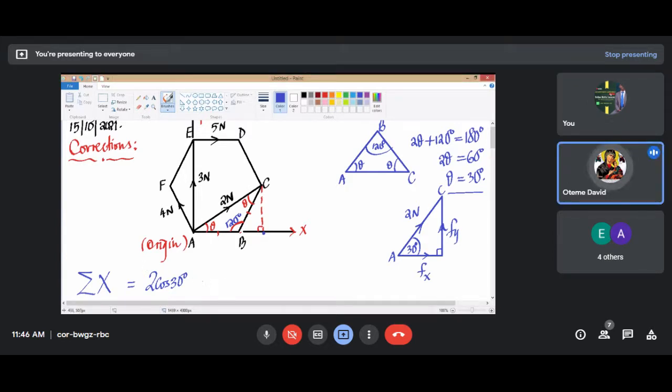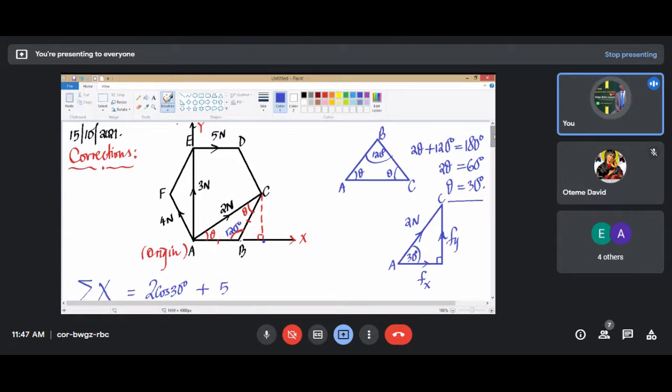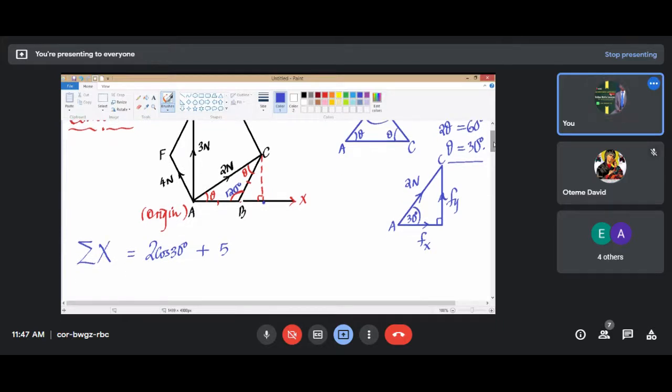It is positive. Positive 5. Next force, the 3 newtons force acting along AE, which is in line with our vertical direction. What is its horizontal component? It is 0, since cos 90 is 0, which is 3 cos 90.